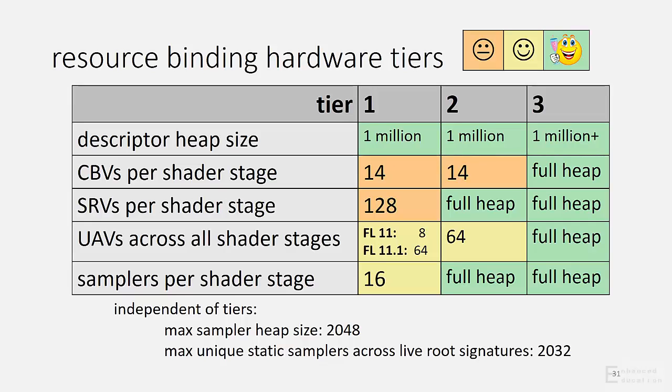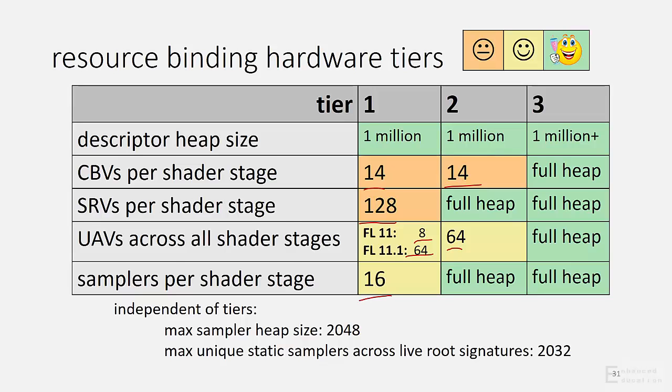In contrast, for the boxes in this table where the numbers aren't full heap, the hardware that has these constraints actually has to implement binding of these resource types manually in sort of an emulated way, so it isn't as clean as just a pointer into a descriptor heap.